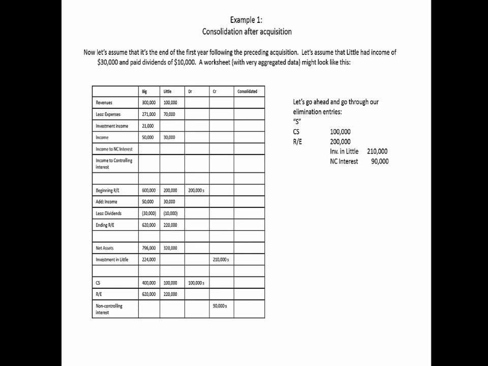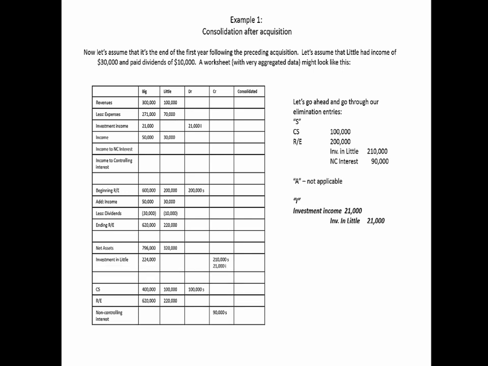We always adjust beginning retained earnings, and that flows through our statement of retained earnings to affect ending retained earnings. We also eliminate our beginning of year investment in Little account, and we also create that beginning of year non-controlling interest.